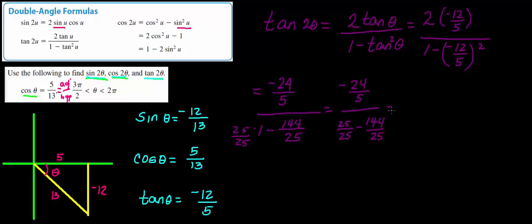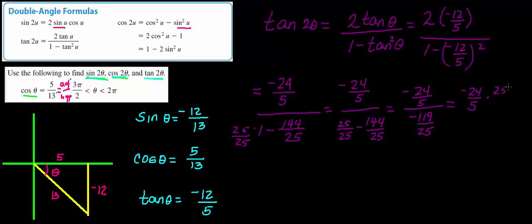Now I can simplify the denominator, and that gives you negative 119 over 25. Now I have a division of two fractions, which I can rewrite as a product of the reciprocal of the denominator, which means I keep my numerator and I multiply times the reciprocal of the denominator.